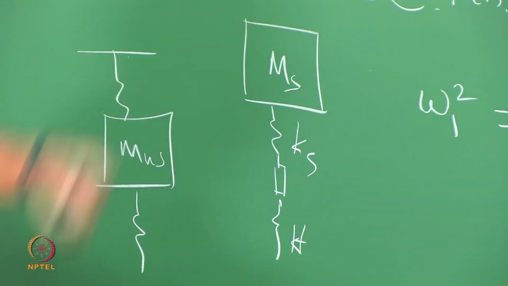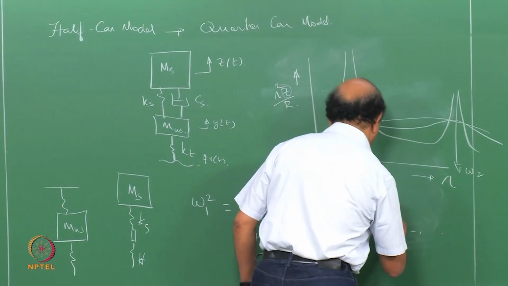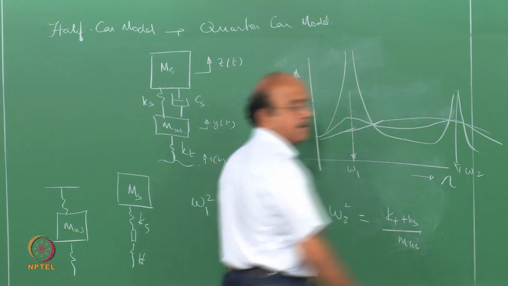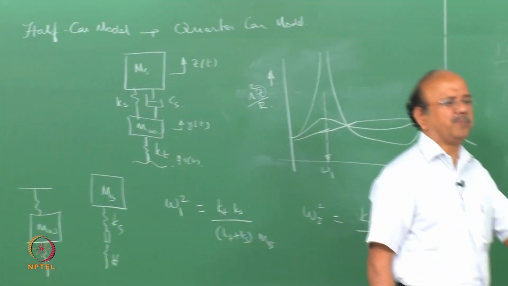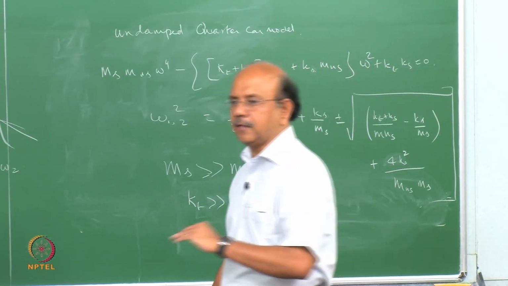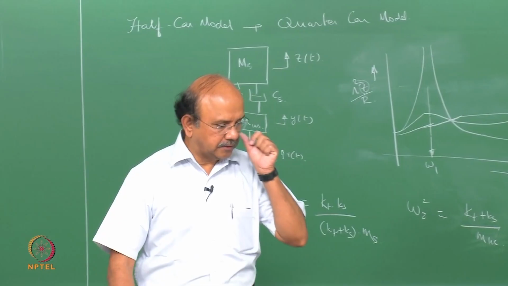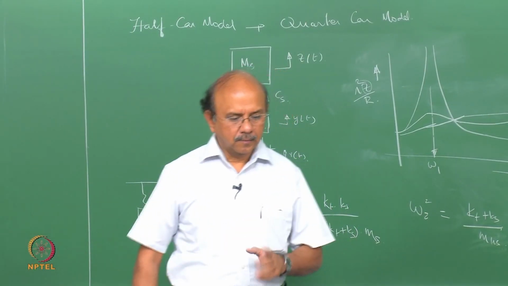So omega 2 squared can be written in terms of k by m, where k in this case is kt plus ks, divided by mus. So that gives me the very simple one minute answer for undamped natural frequency with all the approximations that are put in place. Clear?